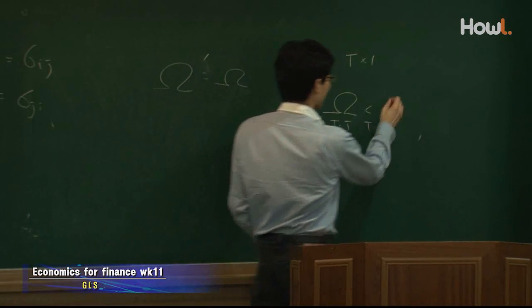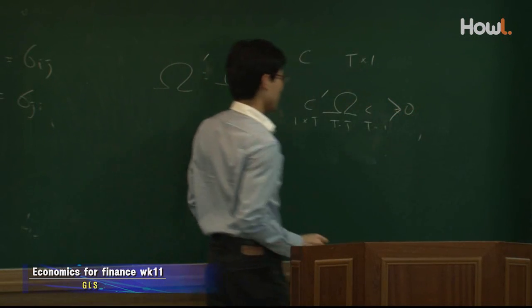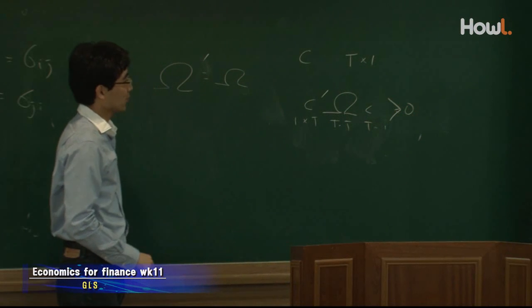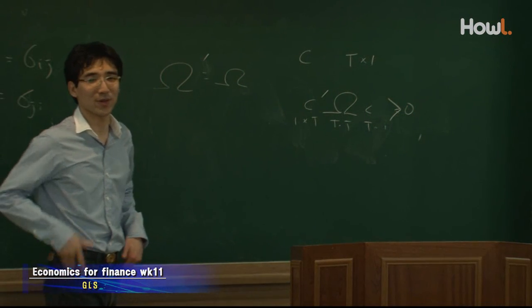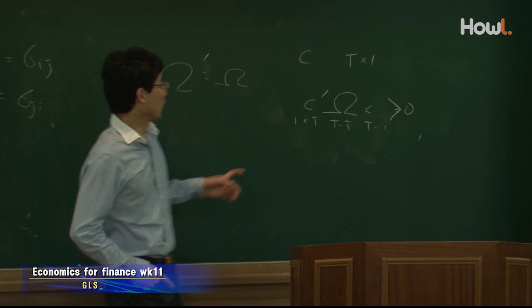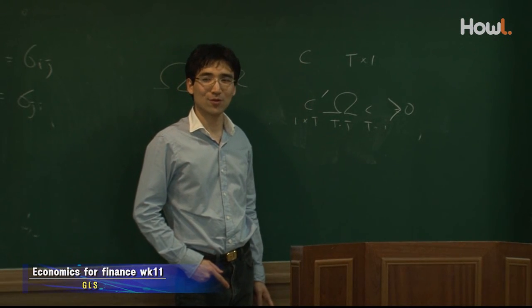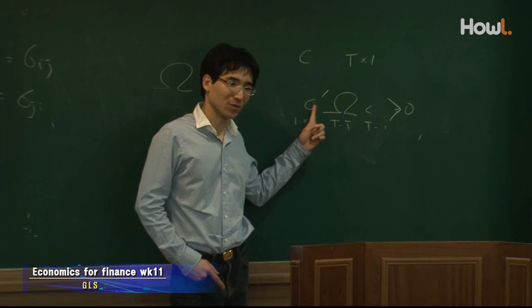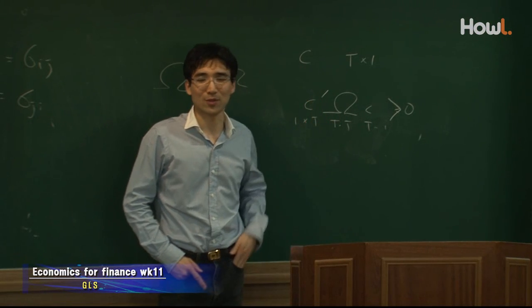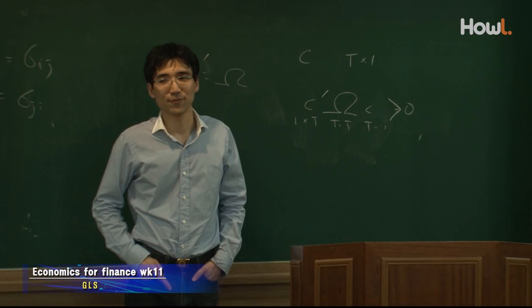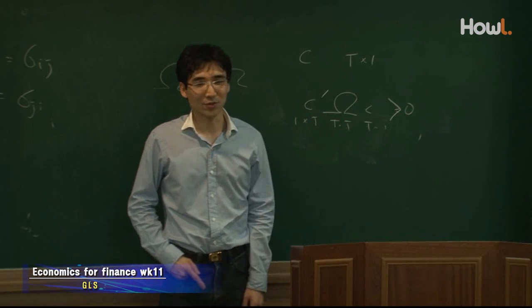And if this constant is greater than 0, then it is positive semi-definite. For any real valued vector, if we have this relationship, this Omega matrix would be positive semi-definite.